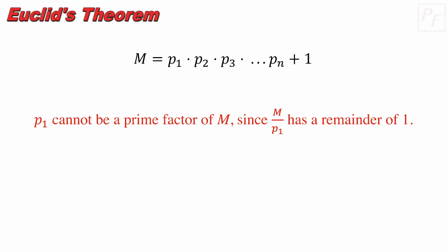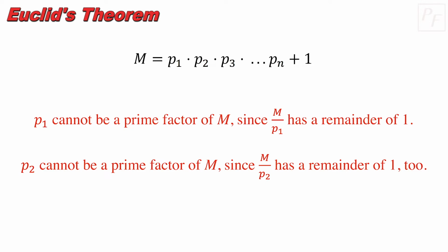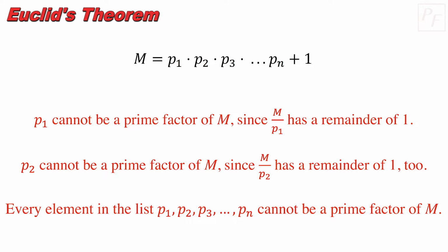However, p sub 1 cannot be a prime factor of m, for if it were so, the division m over p sub 1 would be an integer, and it is not, as the remainder of this division is 1. Neither can p sub 2 be a prime factor of m for the same reason. And that is why any element from our initial list of prime numbers can't be a prime factor of m.